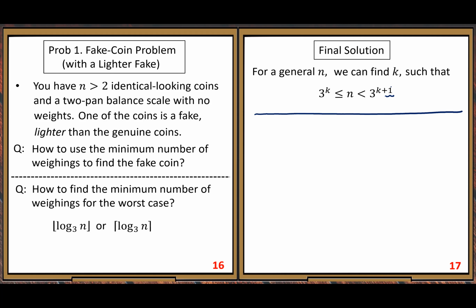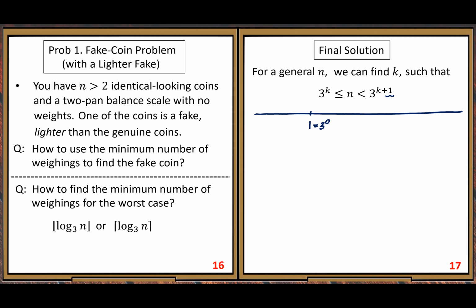Let me draw a diagram to show why this inequality is always true. I only draw powers of 3 on this number axis. 1 equals 3 to the 0.